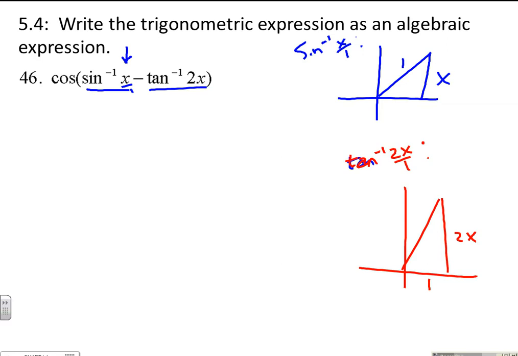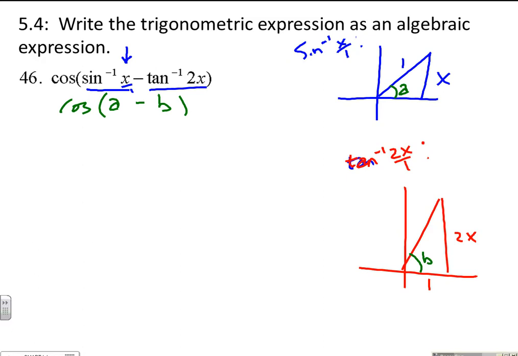So if I let's call this angle A minus angle B, and I'm finding cosine of that. Well, here is my angle A right here, and here is my angle B.